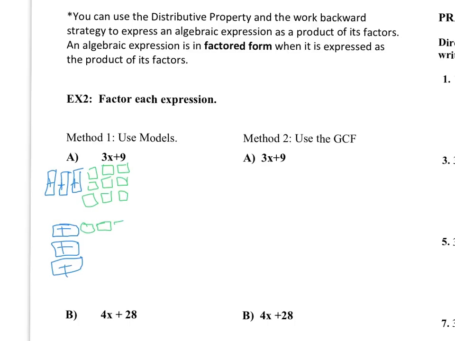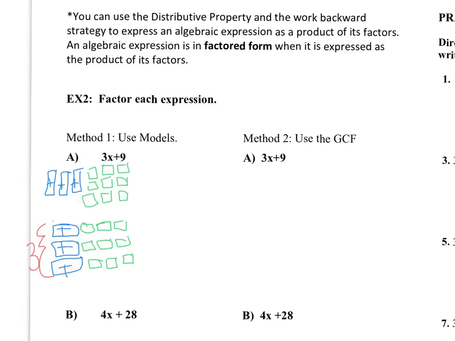So then this would be 3 tiles for each of the groups. Therefore, this is actually representing the 3 that is factored out, that is the greatest common factor.